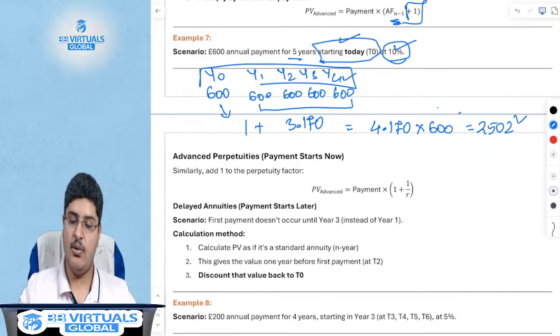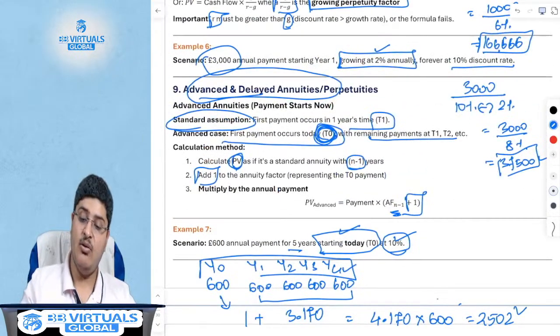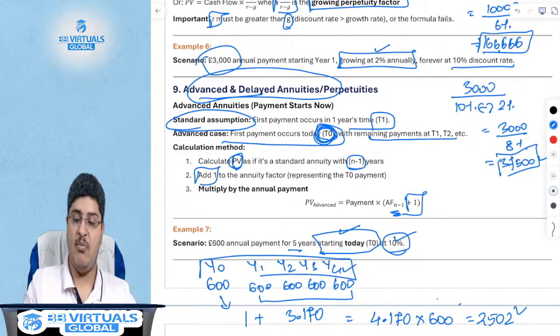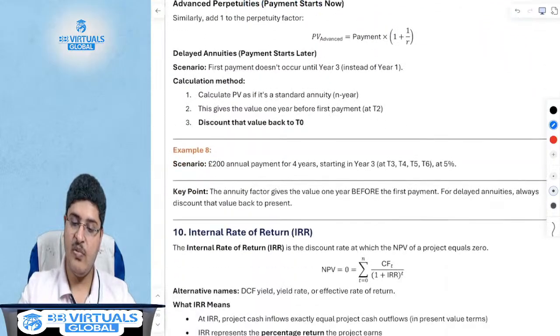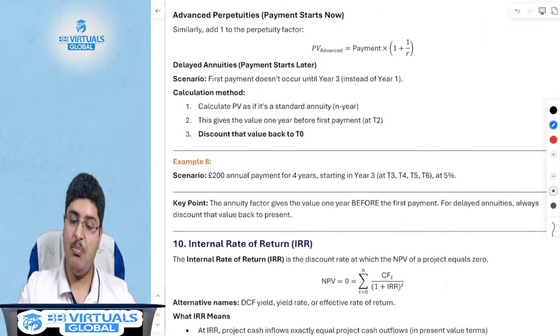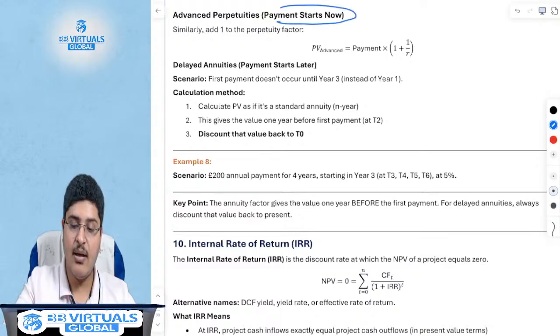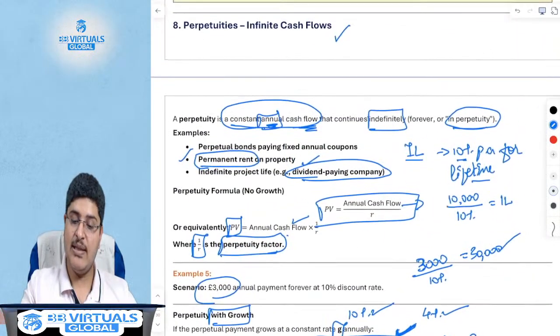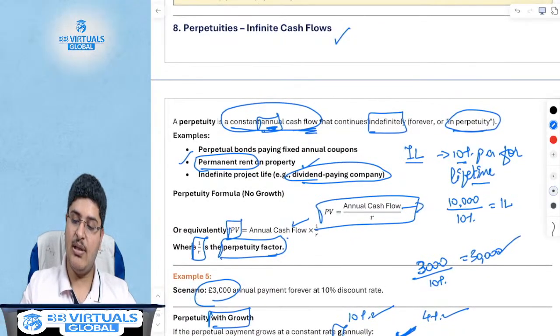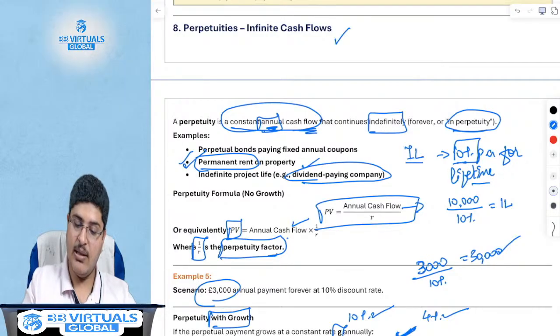Coming back. So this is the concept of annuities where your first payment starts today, which is at T0 instead of at T1. Coming to advanced perpetuities where your payments start now. We said perpetuities, which is from 1 year from now you will start receiving the rent.